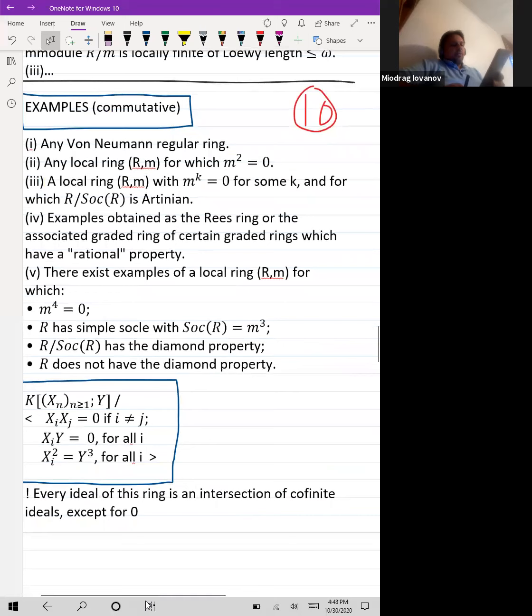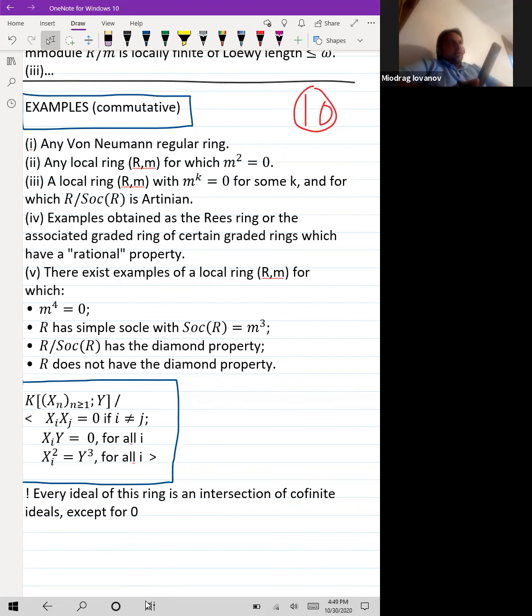Any von Neumann regular ring, commutative, just commutative here, is an example of having this property. Every local ring for which m squared is equal to 0. That's maybe not that interesting, but I'm trying to give examples of non-Noetherian rings. Then if you take a local ring for which a power of the maximal ideal is 0, and also if you mod out by the socle, you get an Artinian ring.